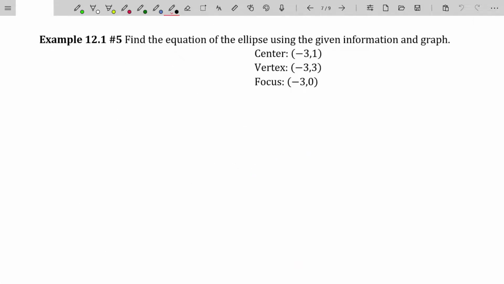All right, continuing forward, find the equation of the ellipse using the given information and then graph. This is very much kind of a repeat of the last one, a little more detail actually. So they give us a center immediately.